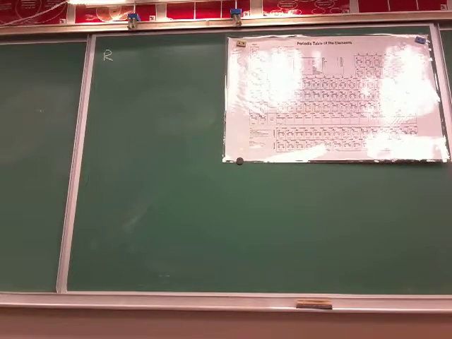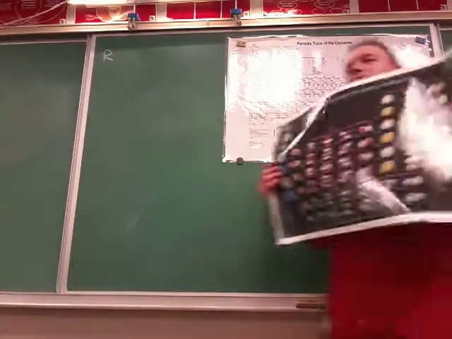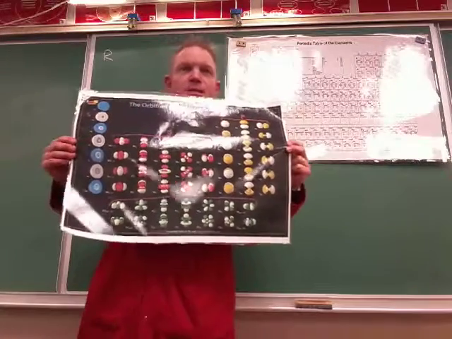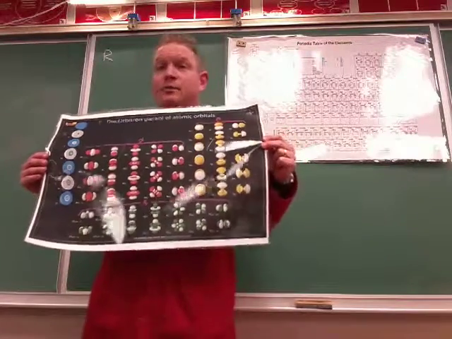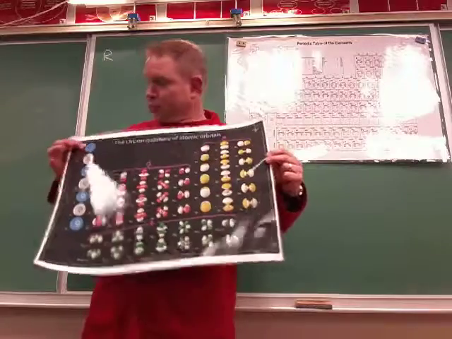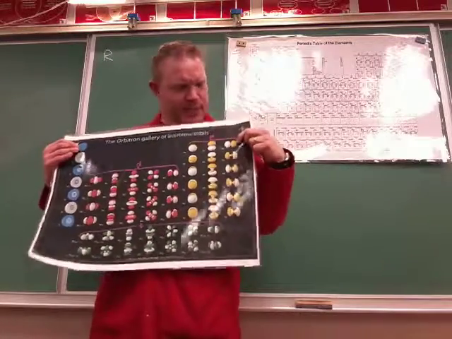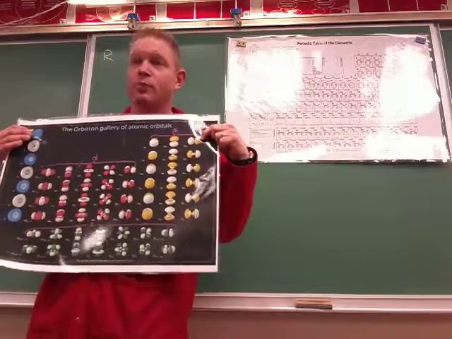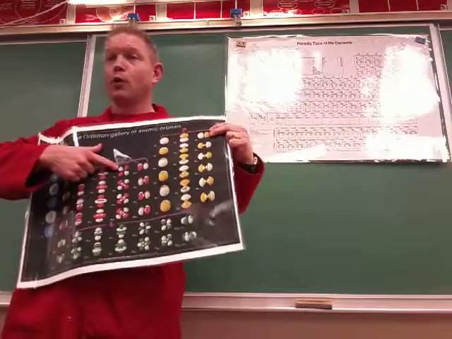We definitely don't talk about that in this class, but this chart represents what we really think the orbits look like. And you'll notice not many of them are circles. Some of them are circles over here, but these ones almost look like dumbbells, and over here they look like clovers.